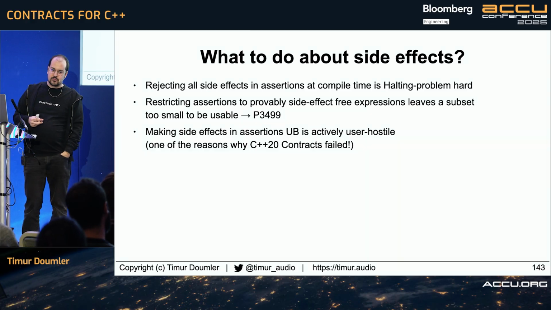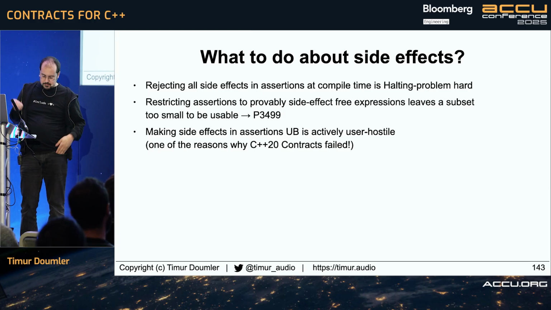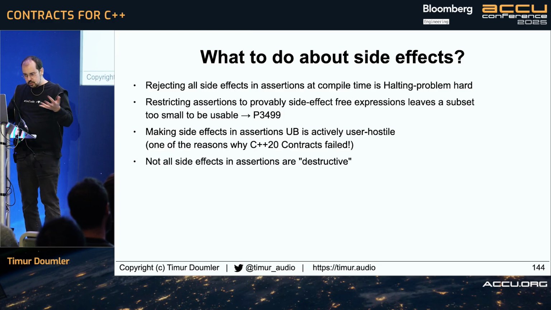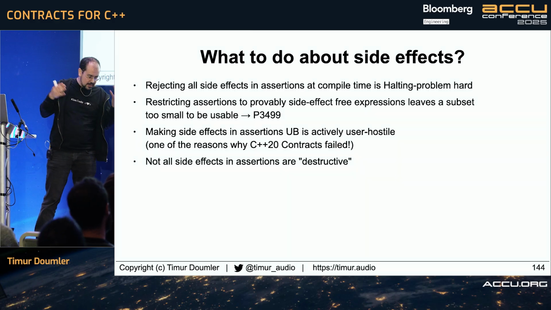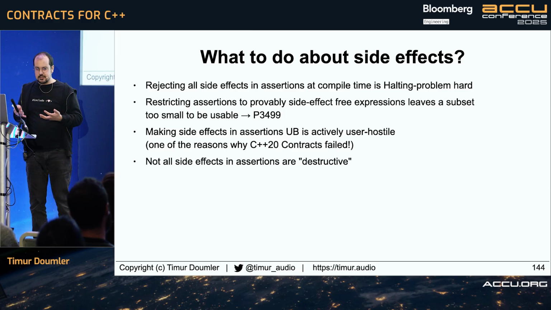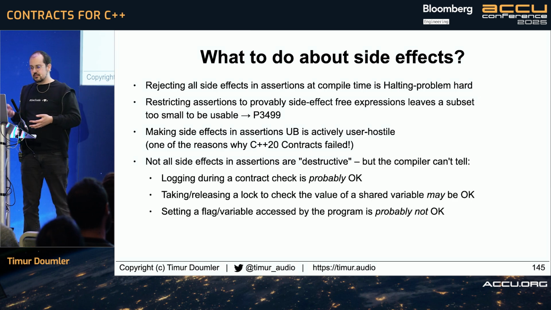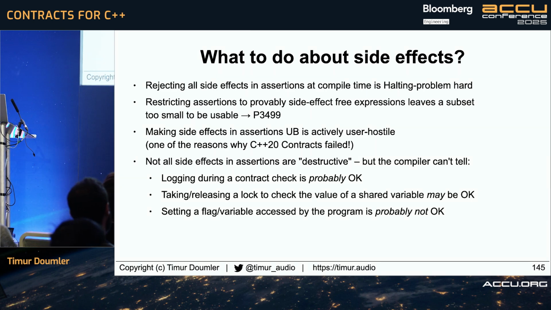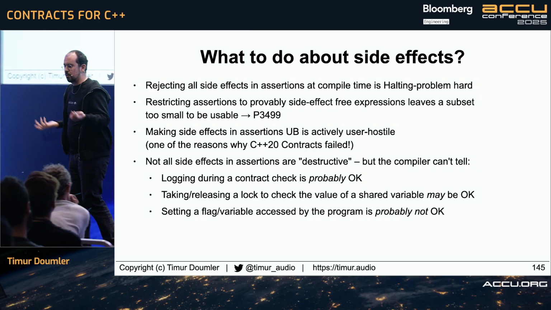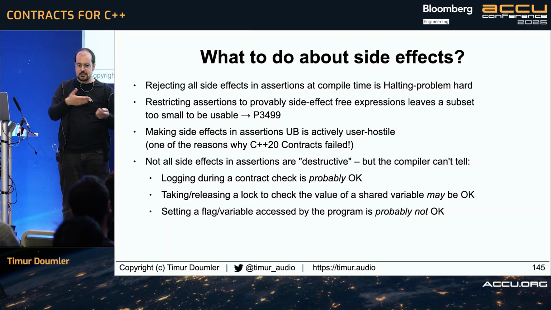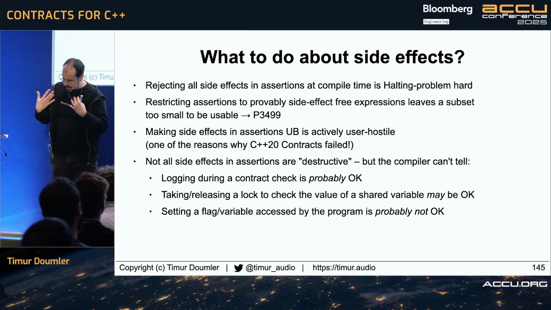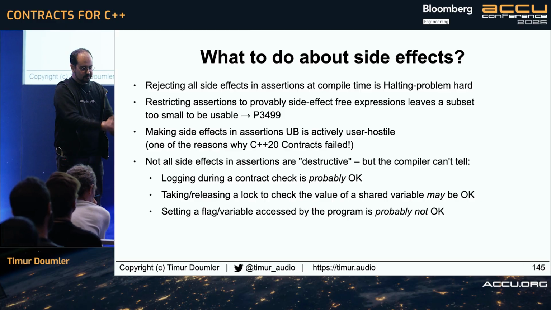And finally, even if we could do any of those things, it turns out side effects in the strict core language sense are not all destructive. There are many cases where having a side effect in an assertion is fine. For example, if you have a contract assertion which calls a function which logs something, that is probably okay. That's not going to affect the correctness of your program, unless it's part of the plain language contract of your program how many lines of text it prints.